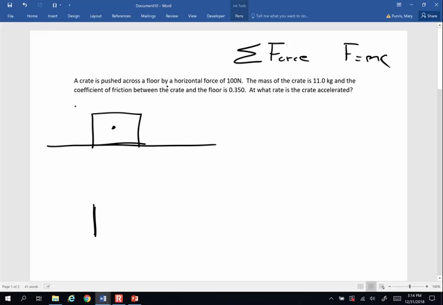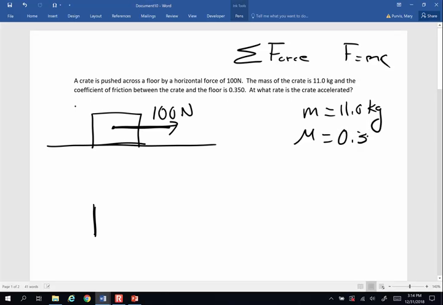A crate is pushed across the floor by a horizontal force of 100 newtons. So there's 100 newtons acting this way. The mass of the crate is 11 kilograms, and I know the coefficient of friction on the crate is 0.35, and I want to know at what rate it is accelerated horizontally.